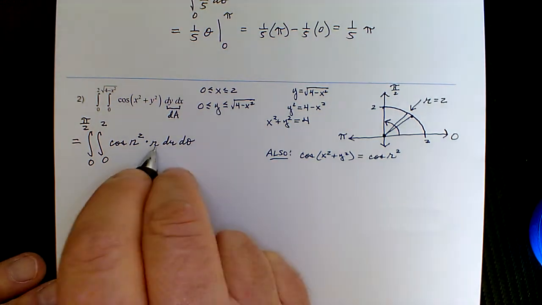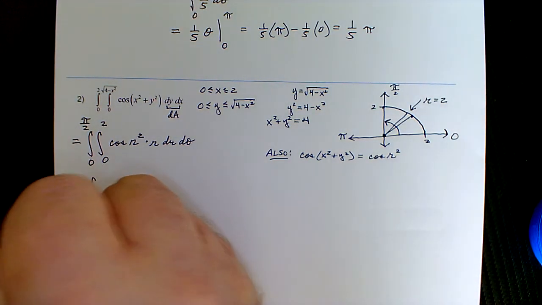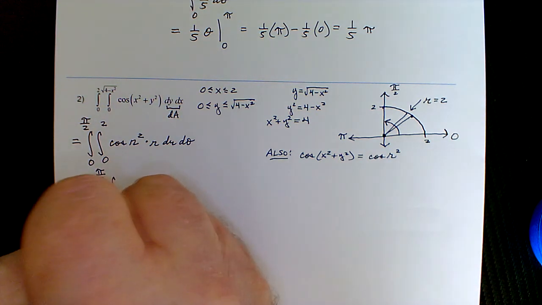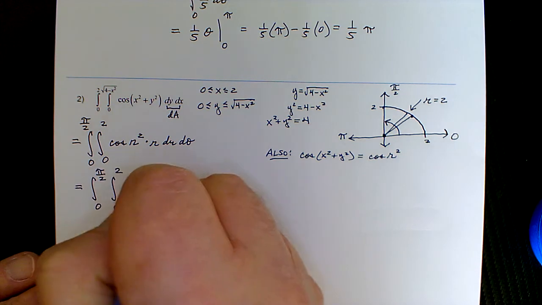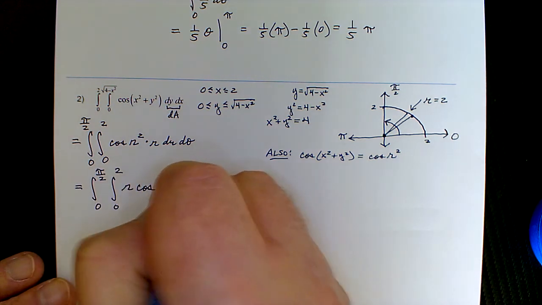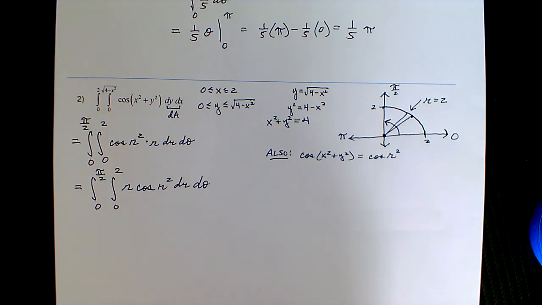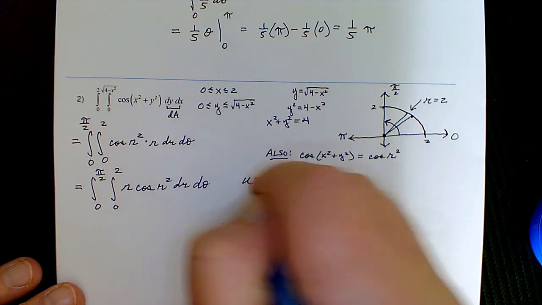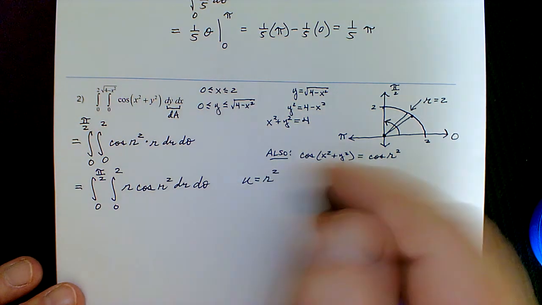Okay, now this r can't be multiplied inside, so let me take the time to show this. Integral 0 to pi over 2, integral 0 to 2, this would be r cosine of r squared, dr d theta. And that requires a u substitution, where we're just choosing u to be the argument of the cosine, because it's going to fit the cosine of u.